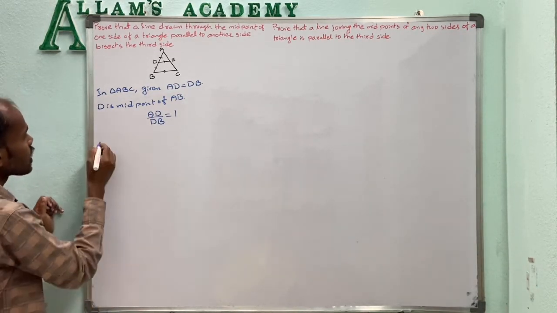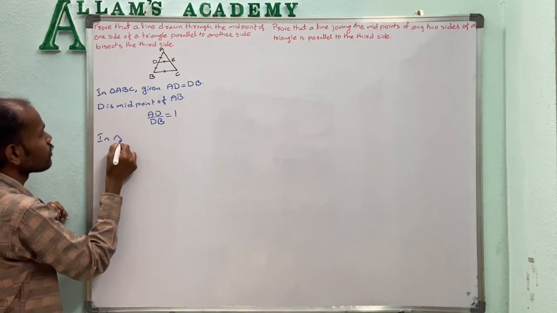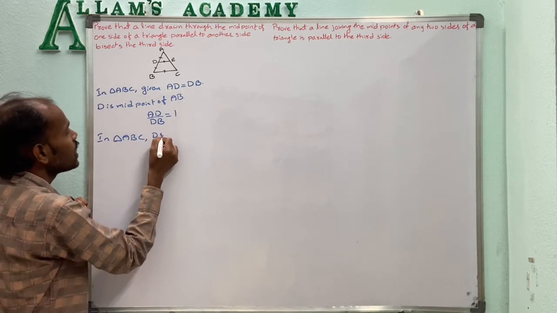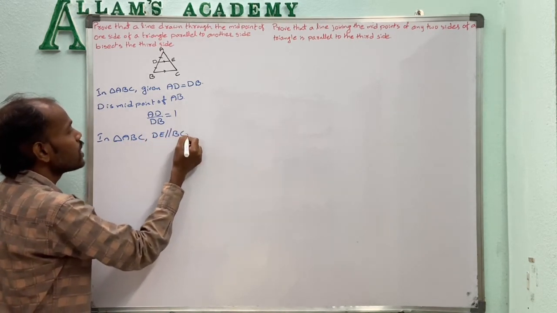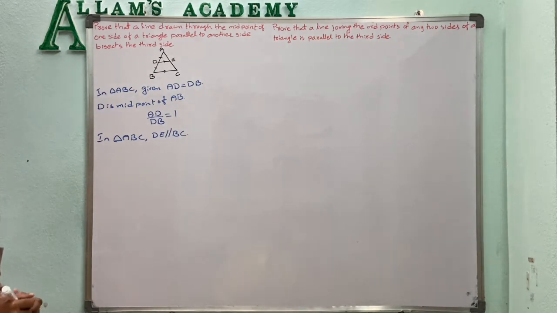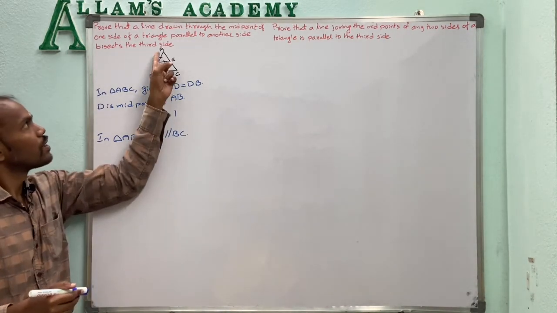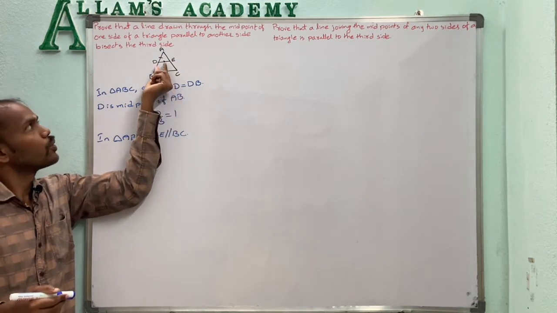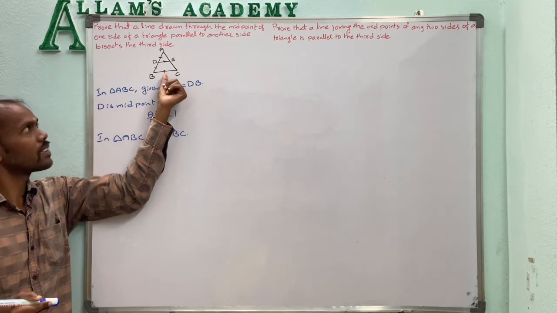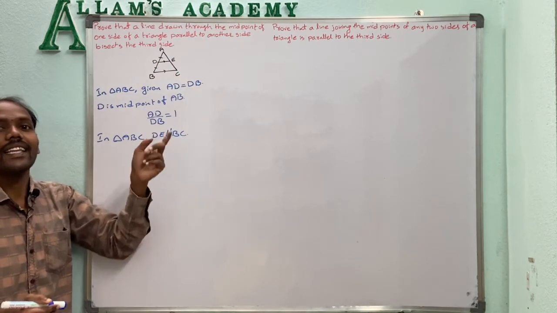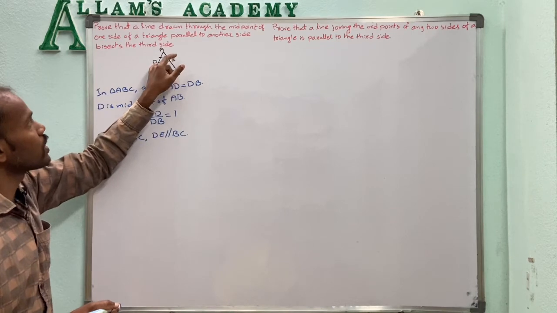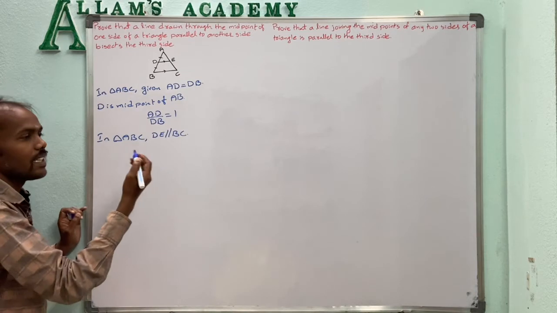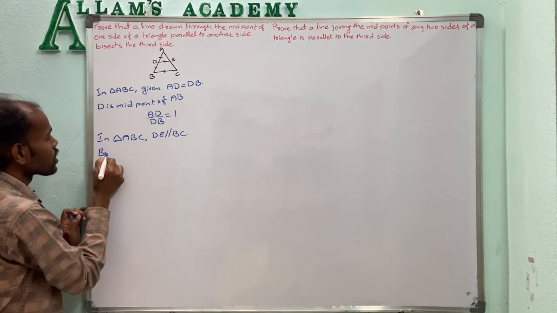So now in triangle ABC, if we observe, DE is parallel to BC. In a triangle, if a line segment joining points on two sides is parallel to the third side, then it divides the two sides in equal ratio. That is nothing but the basic proportionality theorem.